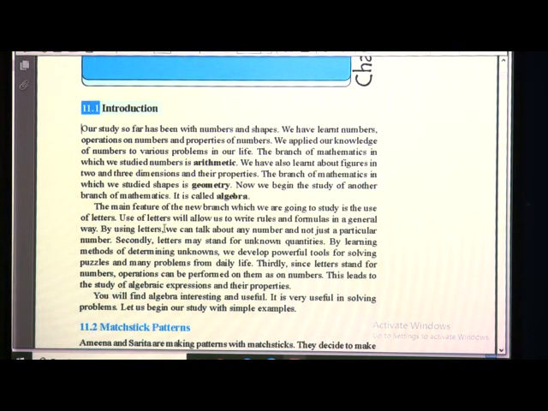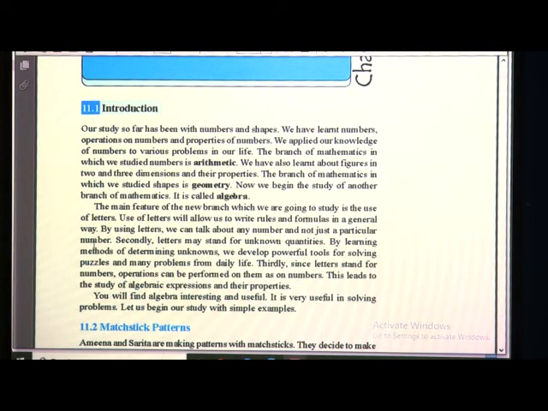Use of letters will allow us to write rules and formulas in a general way. There are a few formulas and rules where we use these alphabets. For example, we can take the area of a rectangle, that is length into breadth.